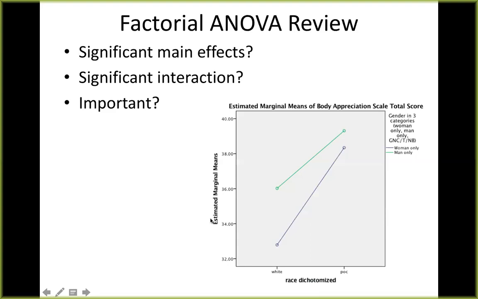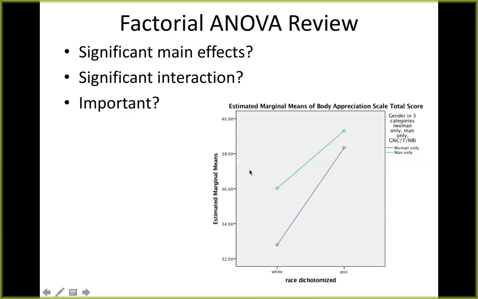And for men, it was about the same, whether you were white or a man of color. So that would be an interaction, and we'd want to go in and do some t-tests to figure out where those differences are. And essentially what we would do is split the file according to one of our variables. So we could say, let's split our whole file according to race.